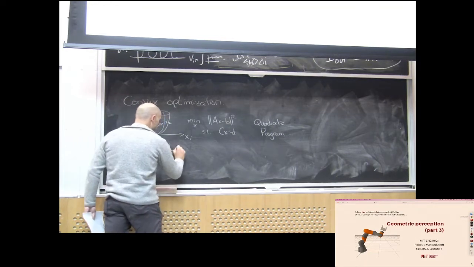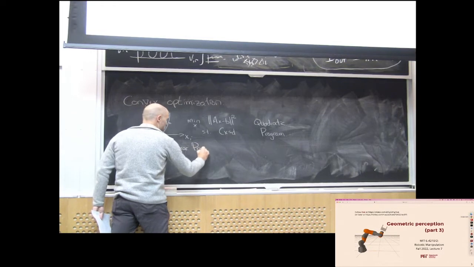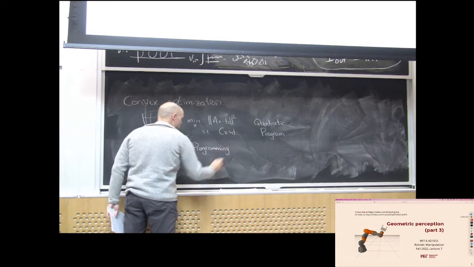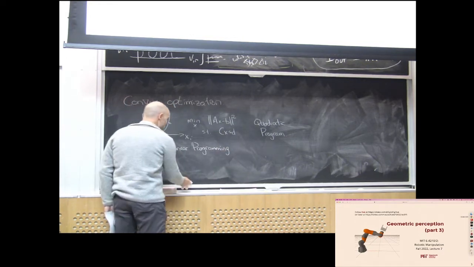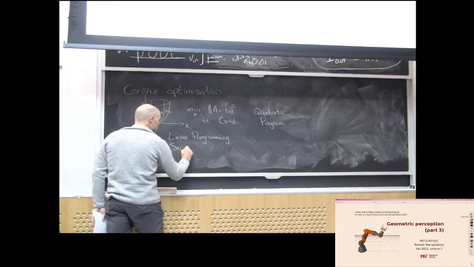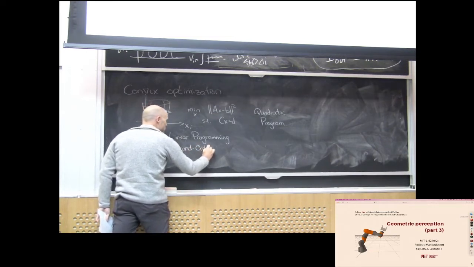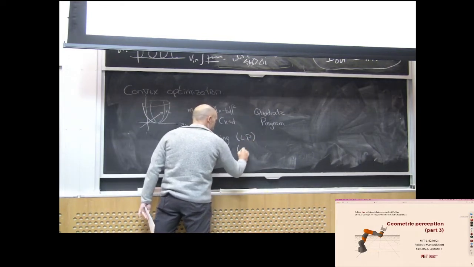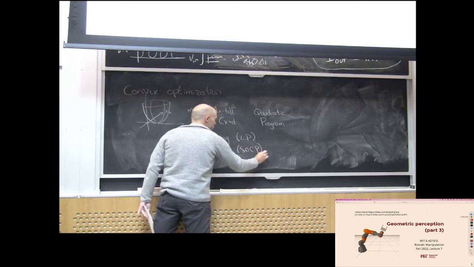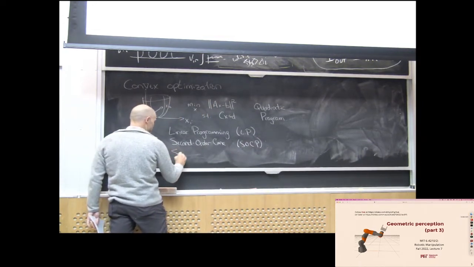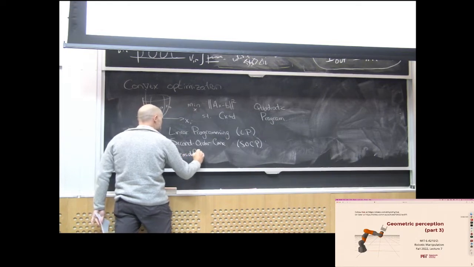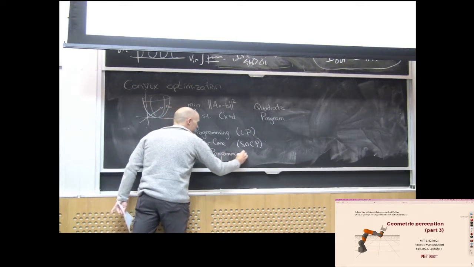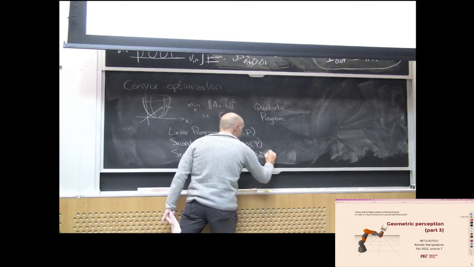There's other examples, so linear programming is a really important class. LPs. You might hear second-order cone programming. This is LP. This is SOCP. And I mentioned too quickly last time semi-definite programming. Which is SDP.